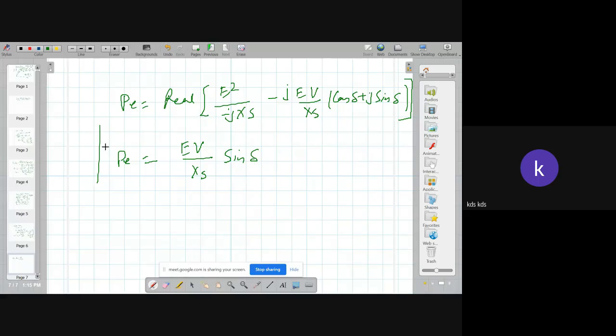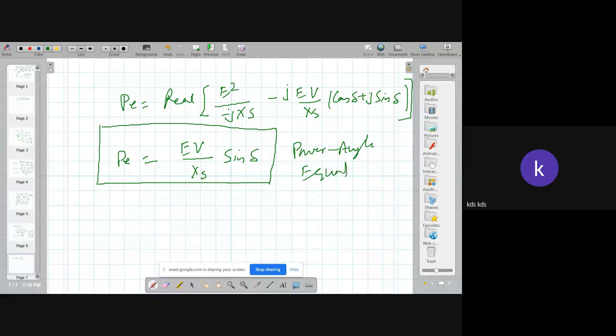So this equation, which represents the relation between the electrical power PE and delta, is known as the power angle equation.